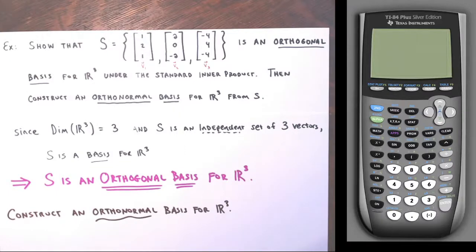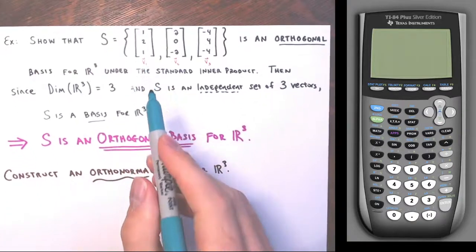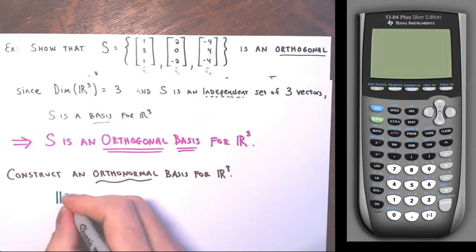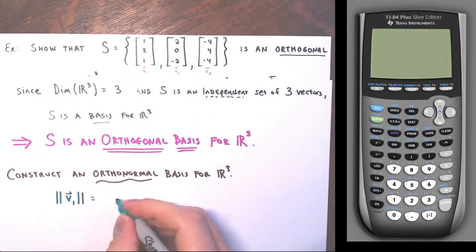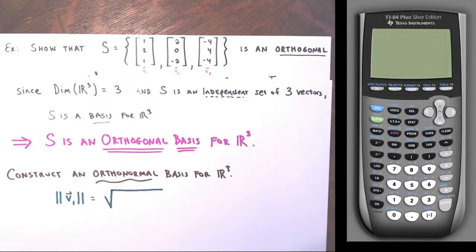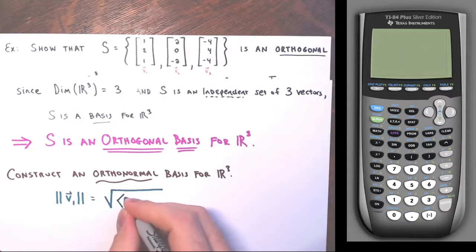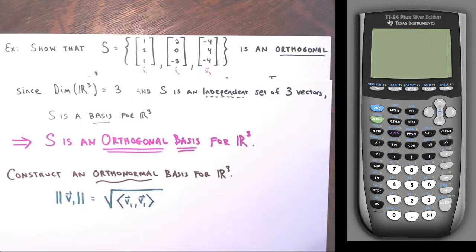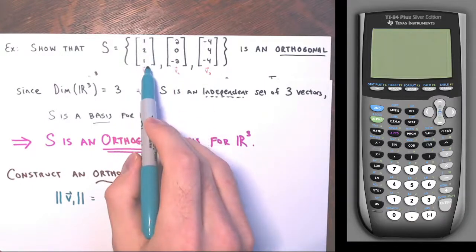So what's the norm of vector 1? Remember, the norm of a vector in an inner product space is defined as the square root of the inner product of that vector with itself. And the inner product here is the dot product. So this is the square root of the dot product of v1 with itself.